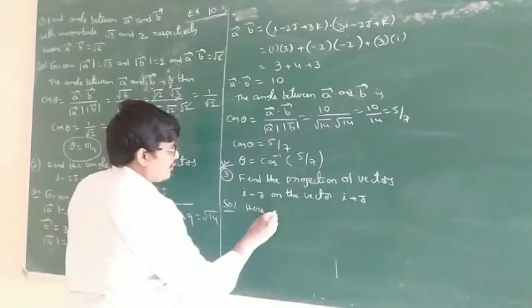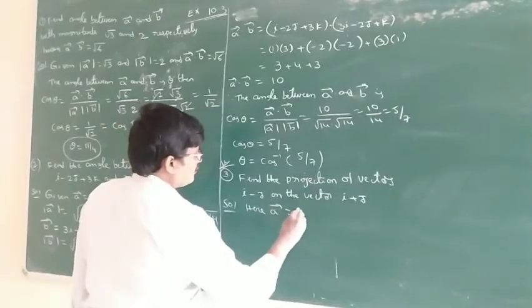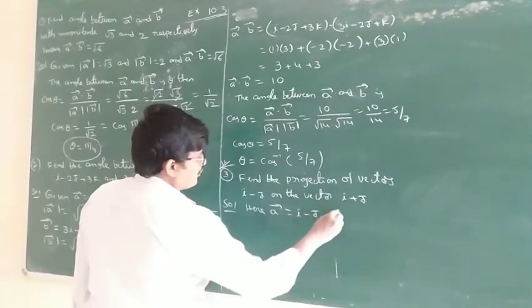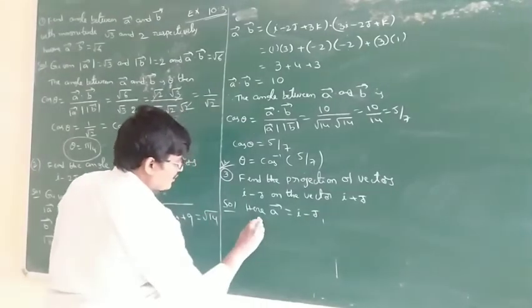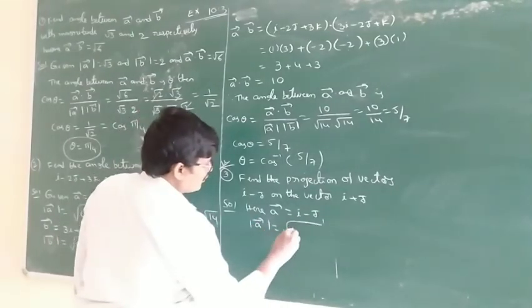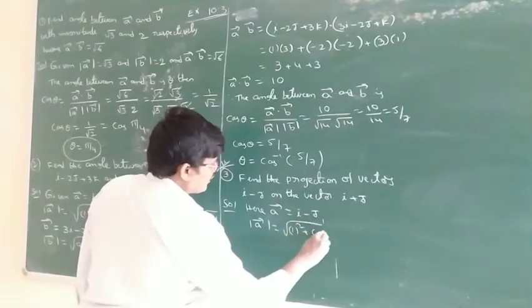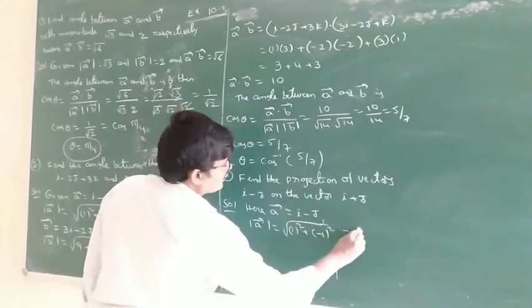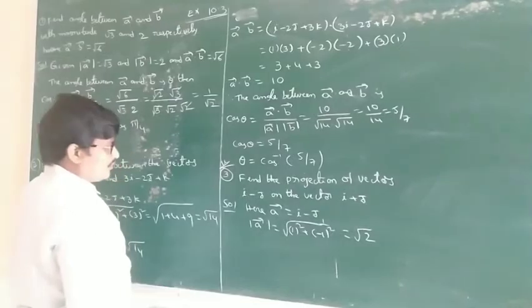Here A bar is equal to i minus j, mod A bar is equal to root of 1 square plus minus 1 whole square, that is equal to root 2.